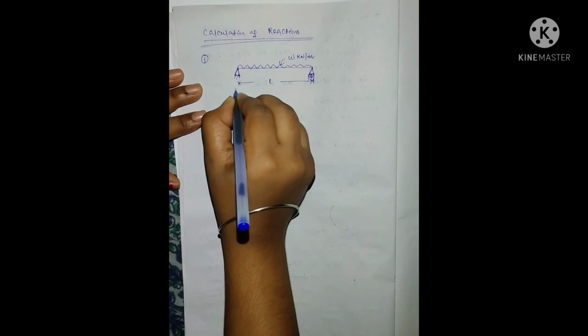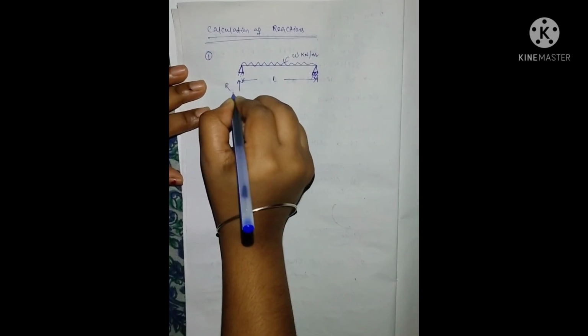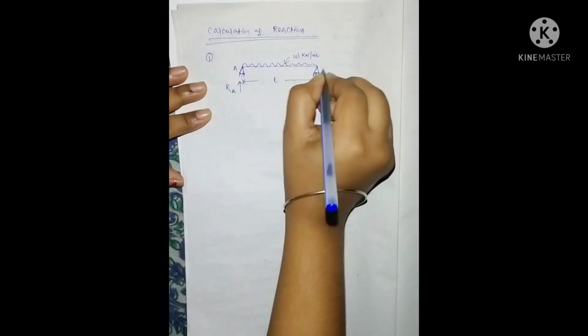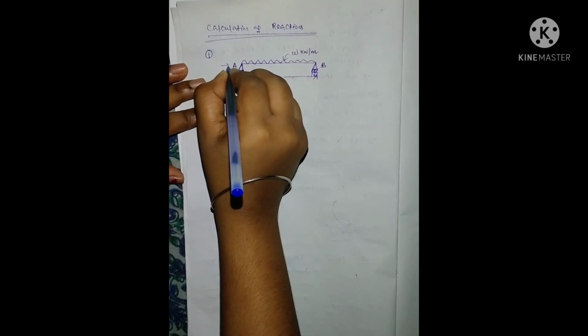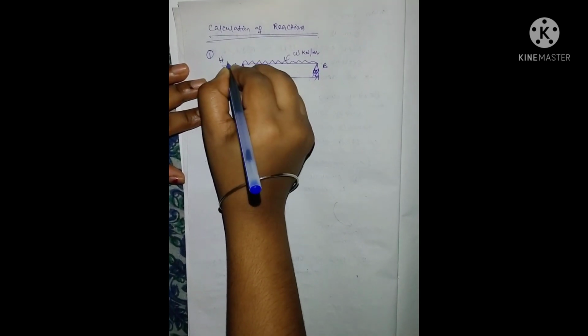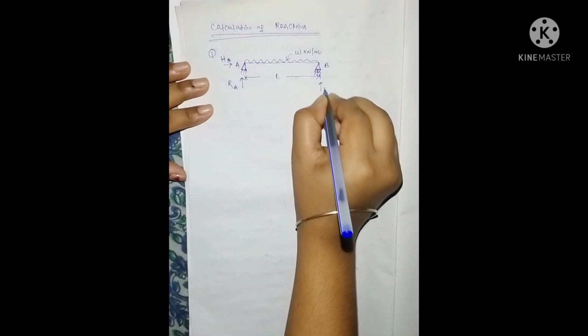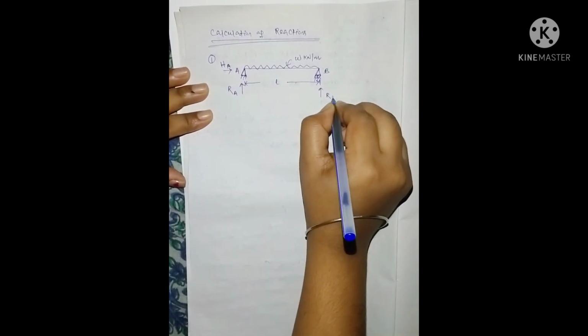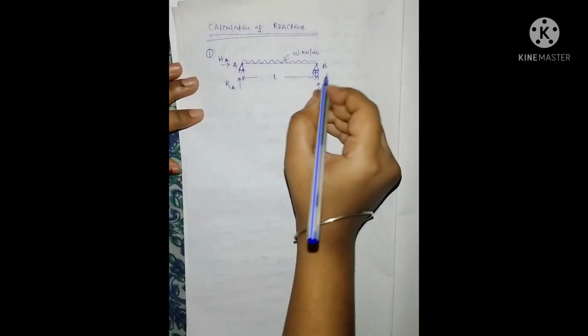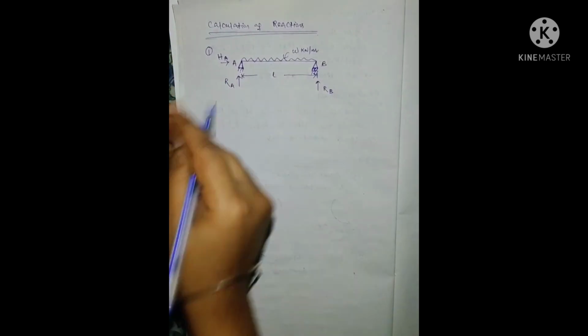We know it is a hinge support, so there is a vertical reaction, that is Ra, and also a horizontal reaction Ha. In the roller support there is only a vertical reaction, so this is Rb. There are no horizontal reactions.